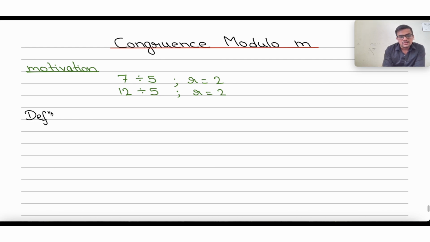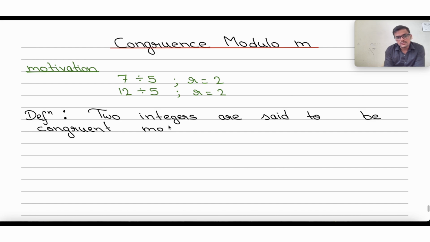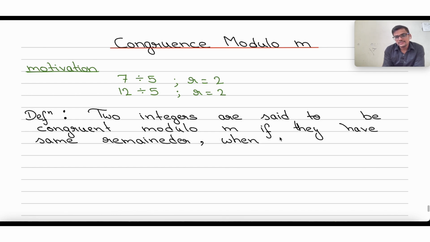So this is the first definition that I will give. Two integers are said to be congruent modulo M if they have the same remainder when divided by M. So what is the definition?